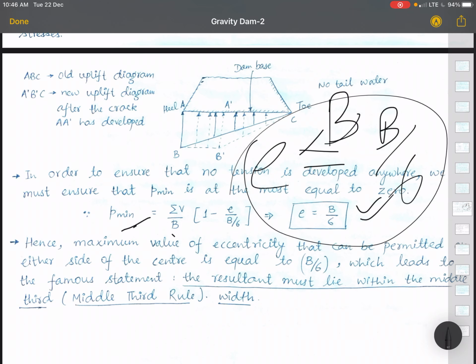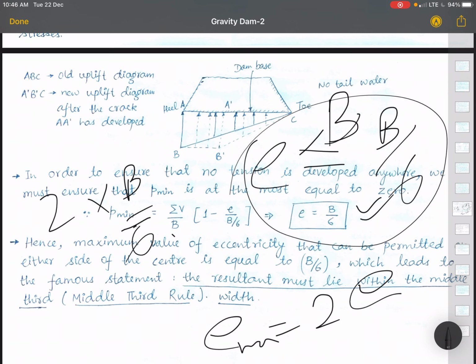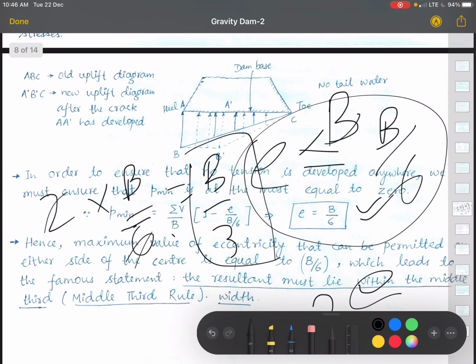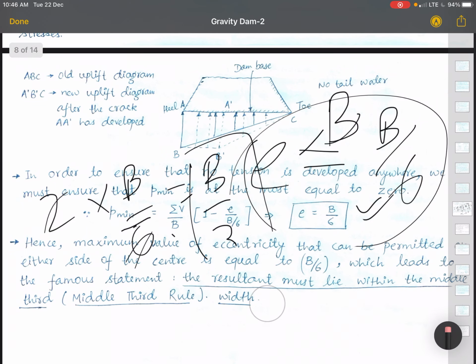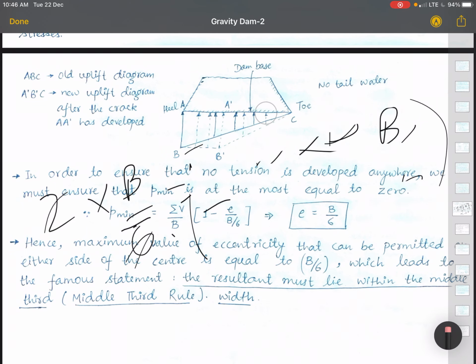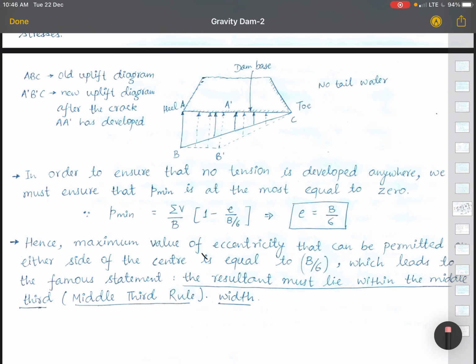So the maximum eccentricity on either side will be B by 6, which means the total middle zone is B by 3. So this is the middle third rule, which you have also seen in the column chapter of strength of materials. The resultant must lie within the middle third.